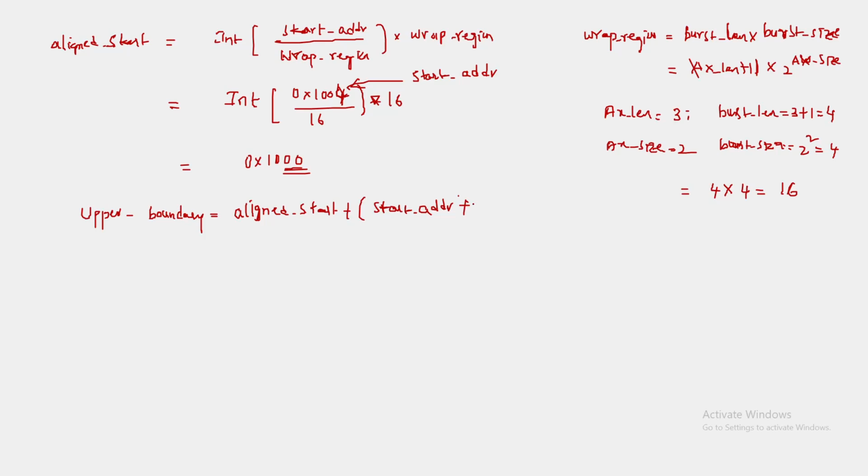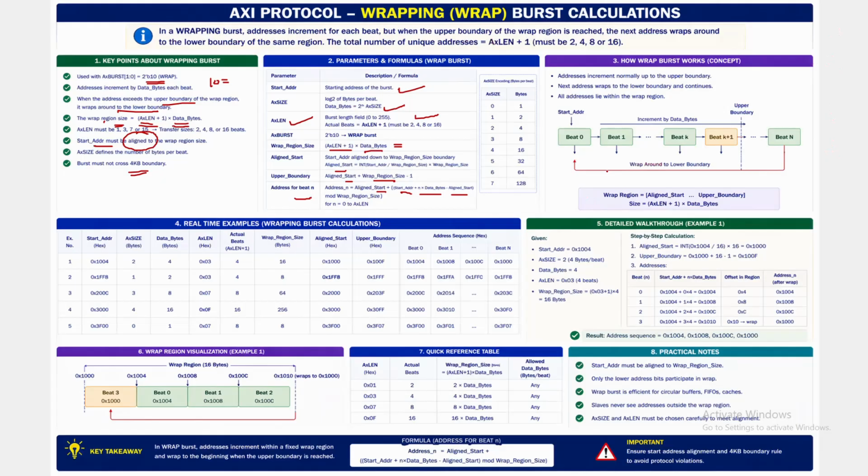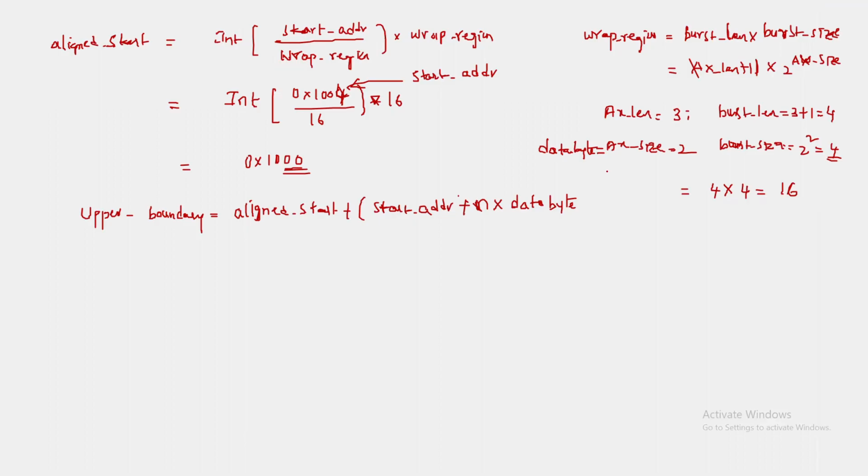What does the n value indicate? It indicates the next address, based on that n value we go up to AX length, into data bytes. Data bytes means burst size, so 4, this is the data bytes we calculated. Data bytes are 4, and after that, minus aligned start.